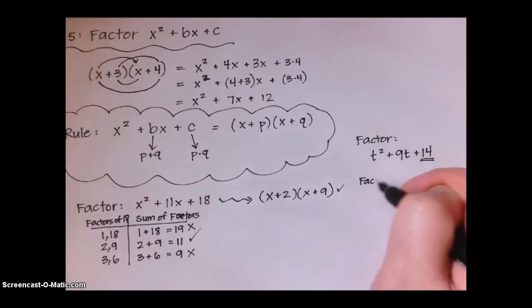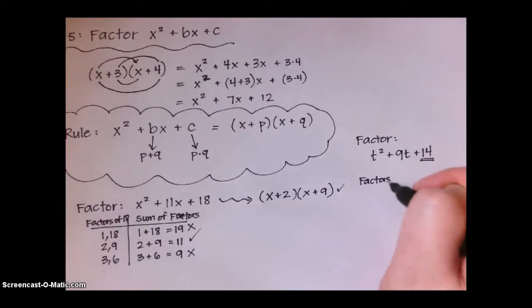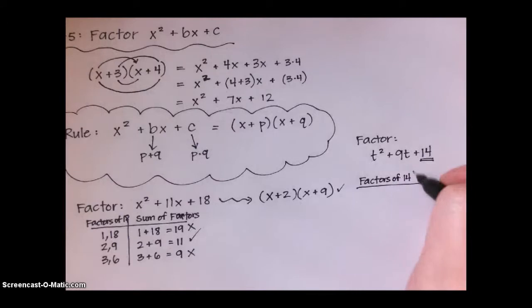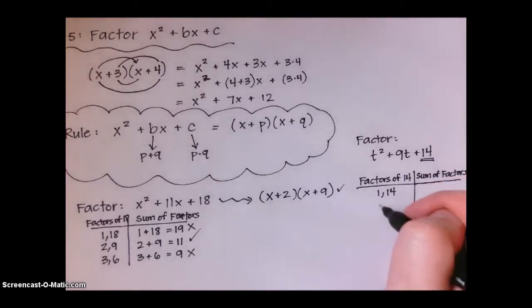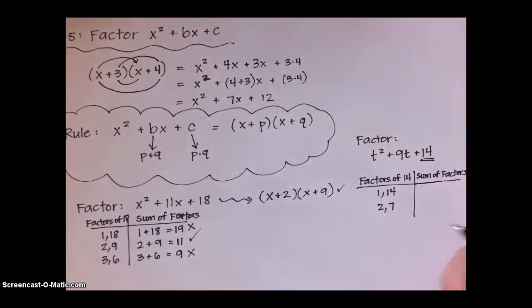So let's find all the different factors of 14. And then afterwards, we're going to find the sum of those factors. So I could think of 1 and 14. I can think of 2 and 7. And you know what? That's all that I can think of.